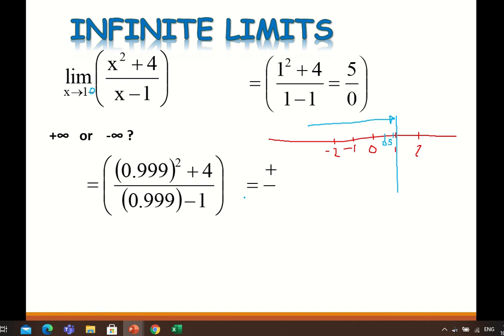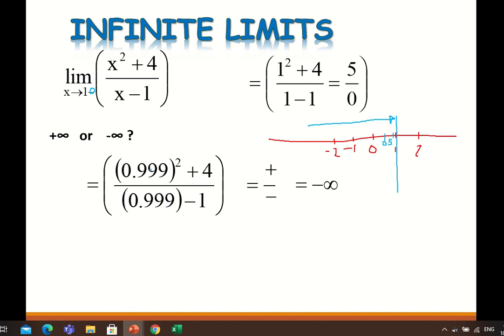So the limit is negative infinity, because the denominator is a very small negative value, as 0.9999 minus 1 becomes negative 0.0000001.